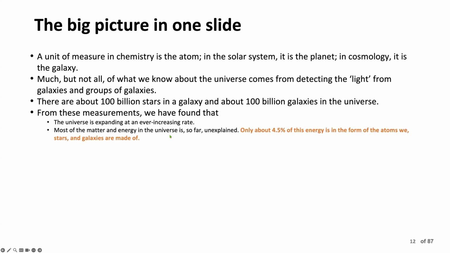Most of the matter and energy is unexplained. The part that we are familiar with, namely the atoms that make up our planet and our bodies, only represents about 4.5% of the energy in the universe. The rest, the other 95%, is unexplained.